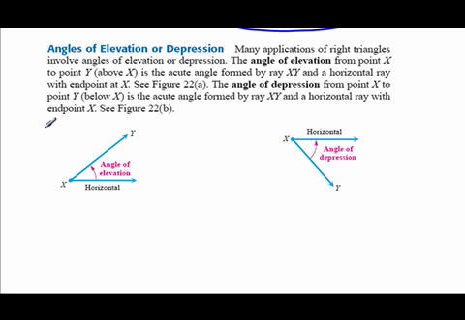Here's you at point X standing on the ground. So you're looking across parallel with whatever you're standing on, that plane. And then you have to look up at like a balloon or a kite. And that angle that's involved we call an angle of elevation. Versus you're up here flying a plane. That's a plane.